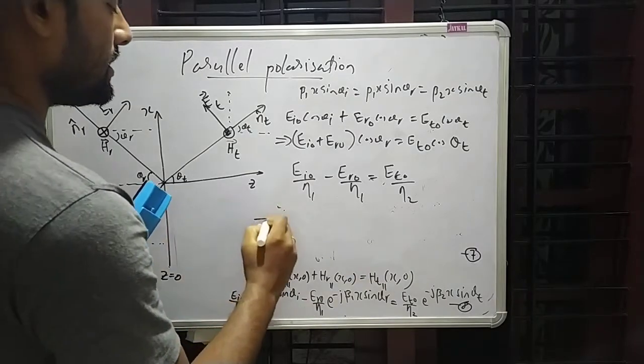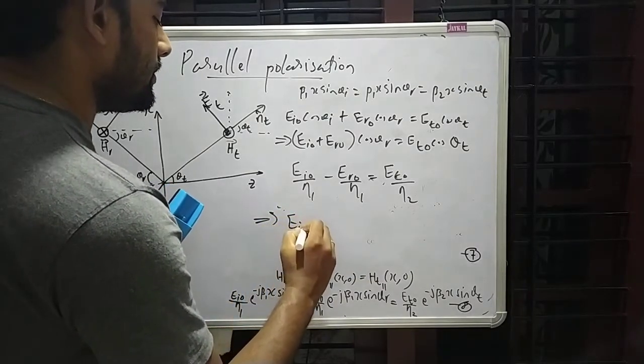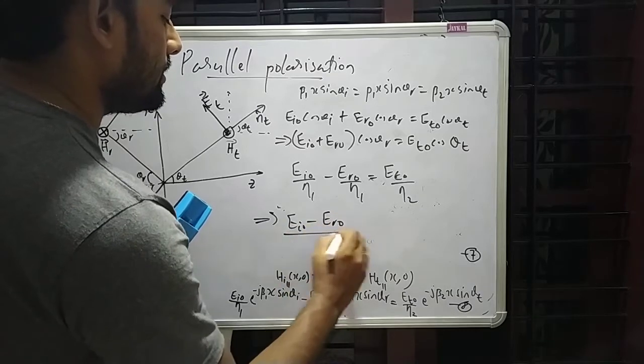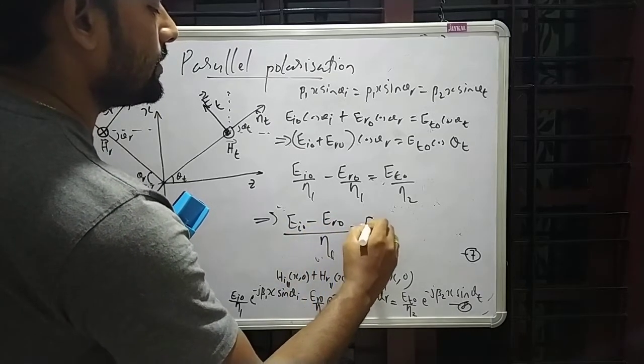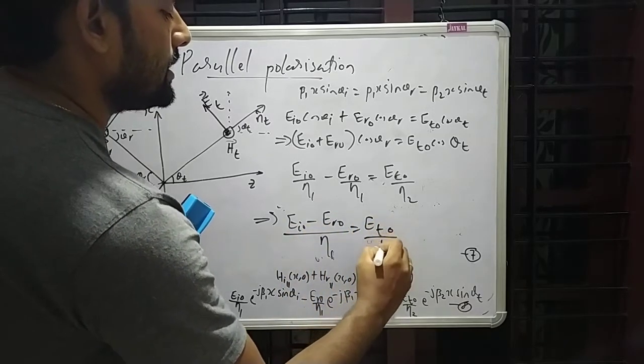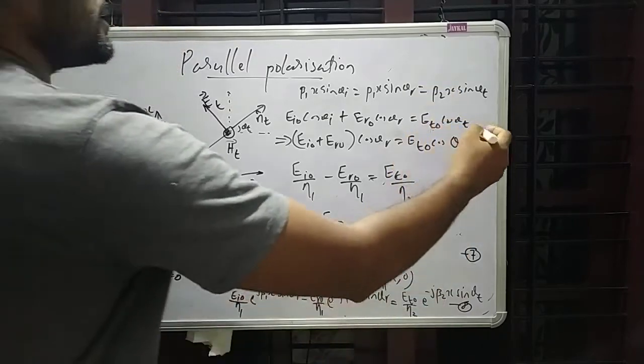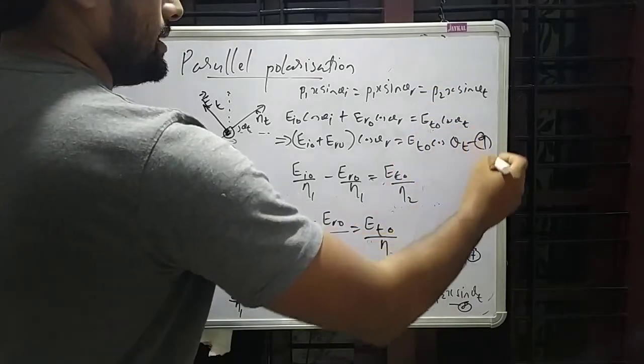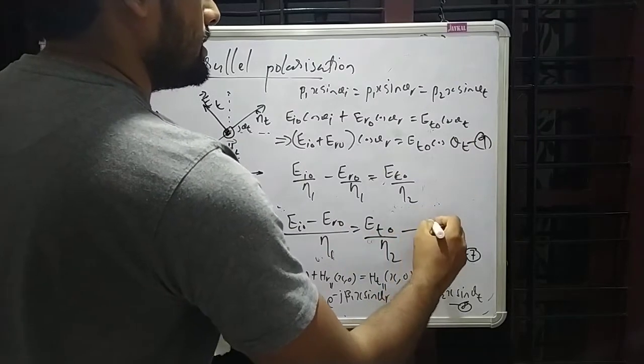So this implies EI0 minus ER0 divided by eta 1 is equal to ET0 divided by eta 2. Okay, this is equation 9, and this is equation 10.